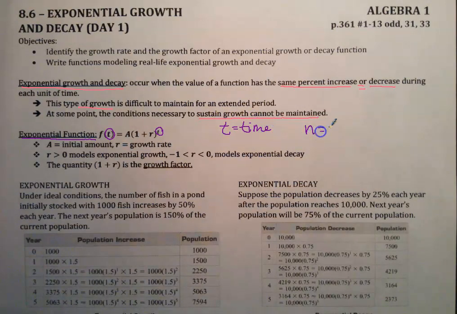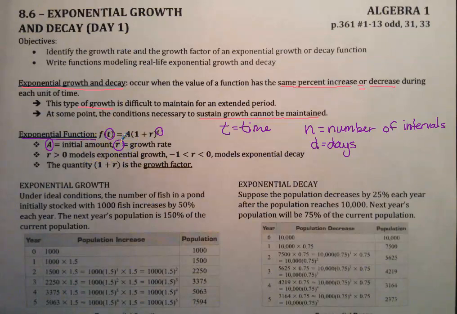If we use n, it might be the number of times something happens, or the number of intervals. If you use d, it could stand for days, like the number of days. So we can change that a little bit depending on what we're talking about. Okay, but then we have a is the initial amount we start with, and r is our growth rate.